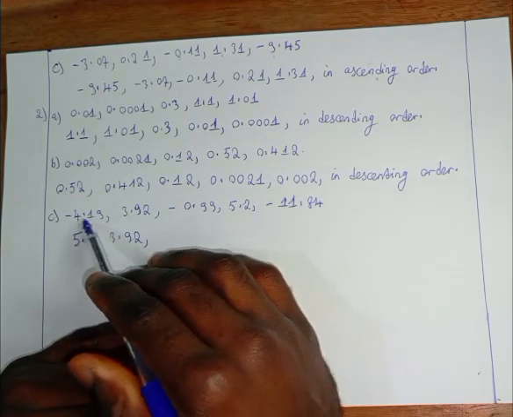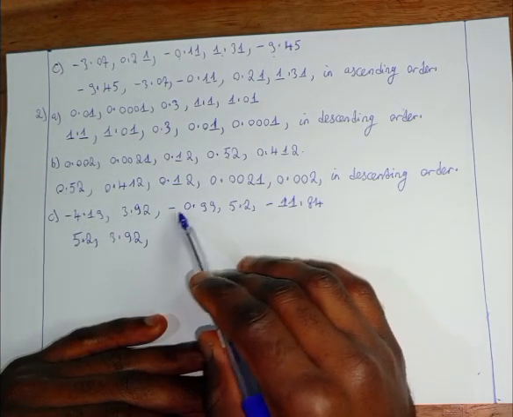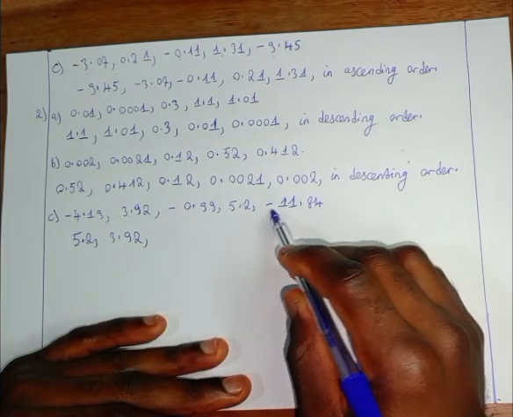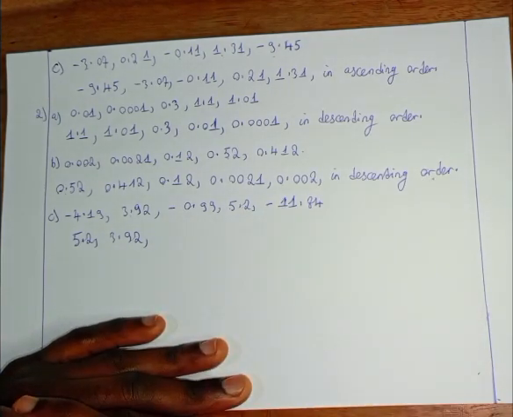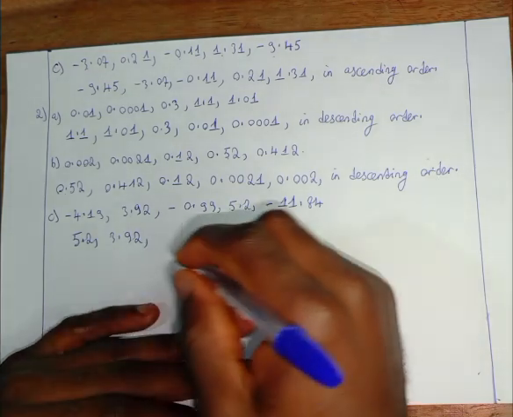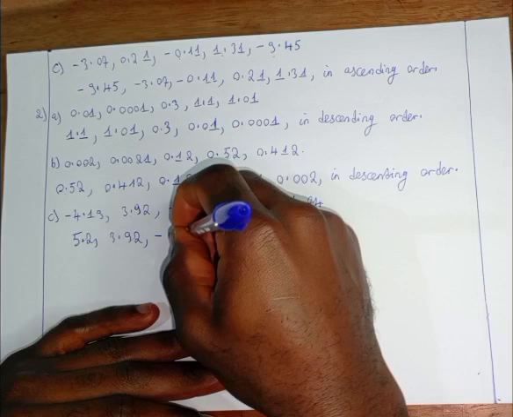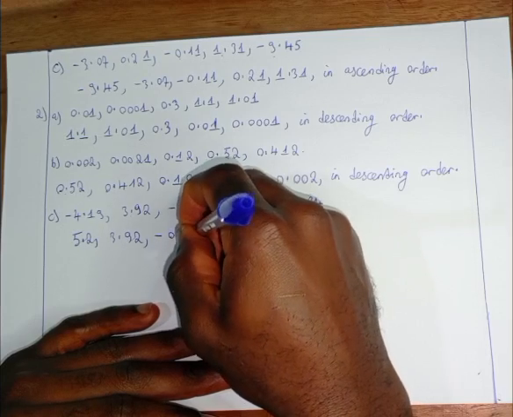Next, move now to the negative decimals. For their whole number parts, here we have negative 4, here we have negative 0, here we have negative 11. We know that negative 0.99 is the next.